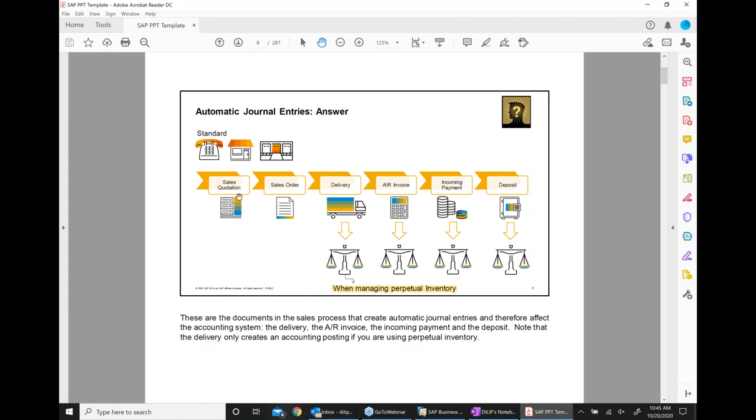Now what happens is, in the quotation, there is no journal entry. In the sales order, there is no journal entry. When we're creating a delivery document, this is the sales quotation, then we have a sales order.